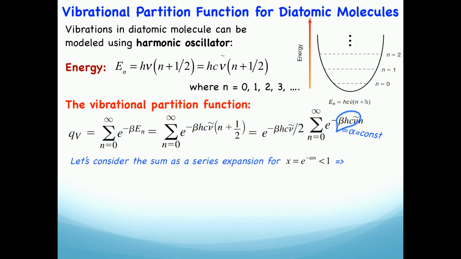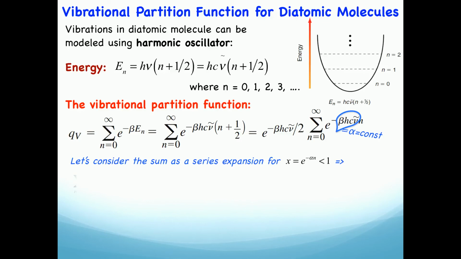So then I can represent this sum as x, which equals the whole exponent in the power minus alpha n. And by the way, it would be less than 1 because it's a negative sign for the exponent. And of course, alpha is always a positive value and n is a positive value. So you have an exponent to a negative value, which means of course it will be less than 1. It's approaching 1, but always less than 1.